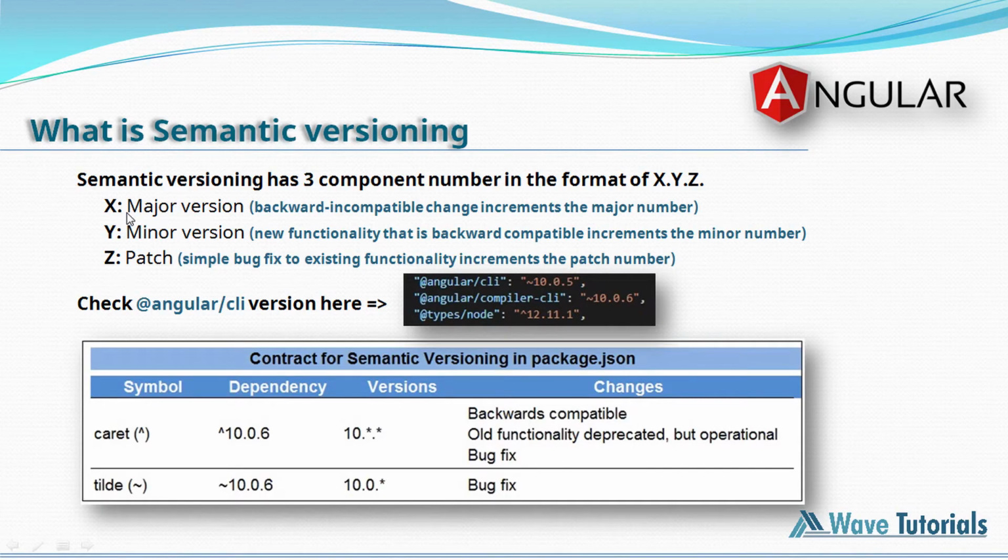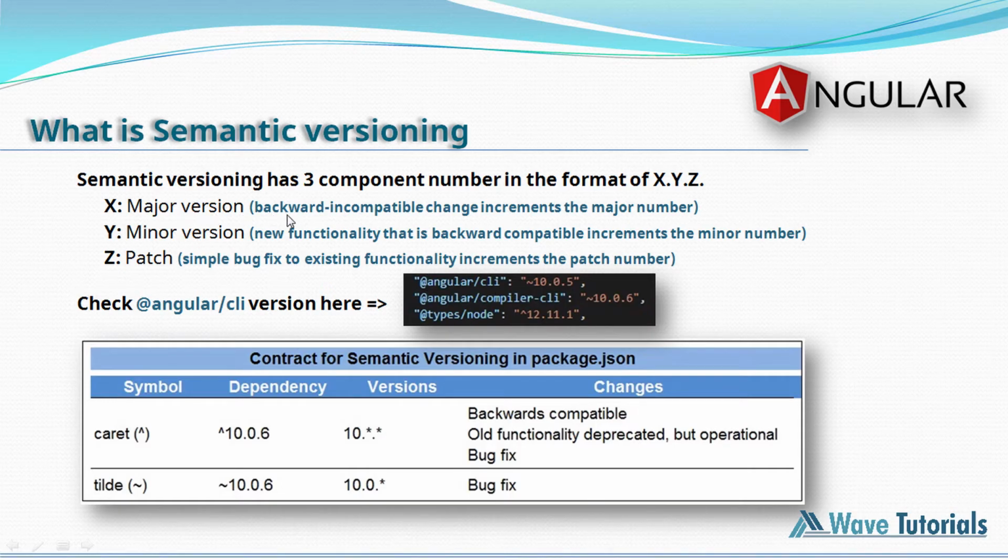What is semantic versioning? Semantic versioning has three component numbers in the format of X.Y.Z. So X is the major version, Y is the minor version, and Z is the patch version. You can see here that Angular CLI has version 10.0.5, where 10 is the major version, 0 is the minor version, and 5 is the patch.